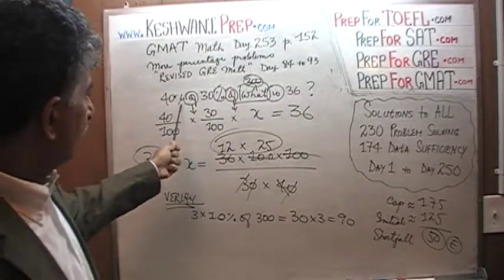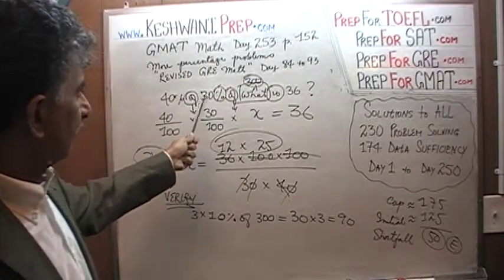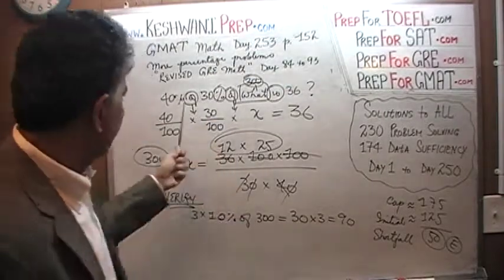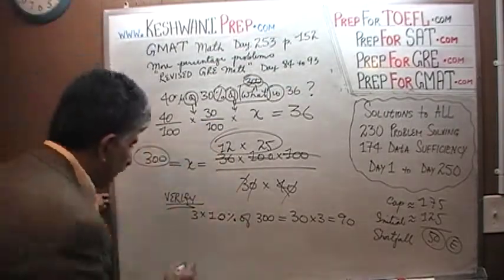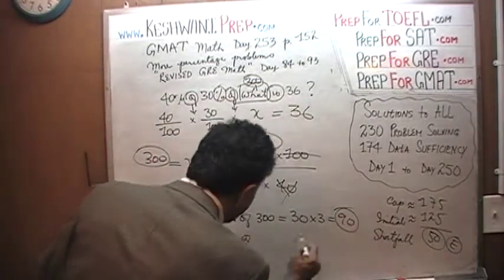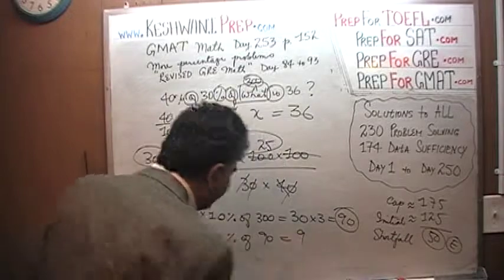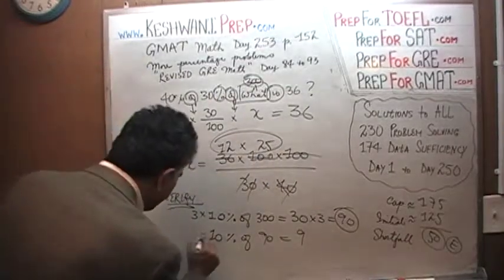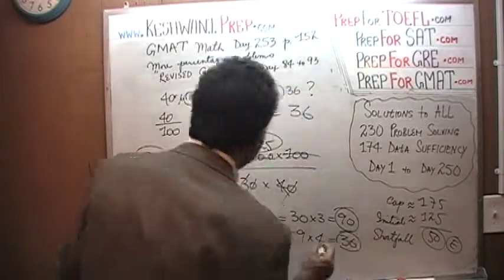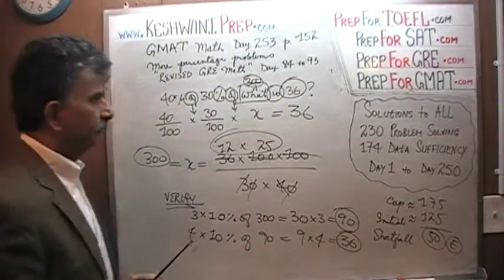Now we have to figure out 40% of this quantity. 30% of 300 is 90. Now we have to figure out 40% of it. So again, 10% of 90 is going to be 9. And therefore 40% is going to be 4 times as much, which is 36, which is exactly what we're told here.